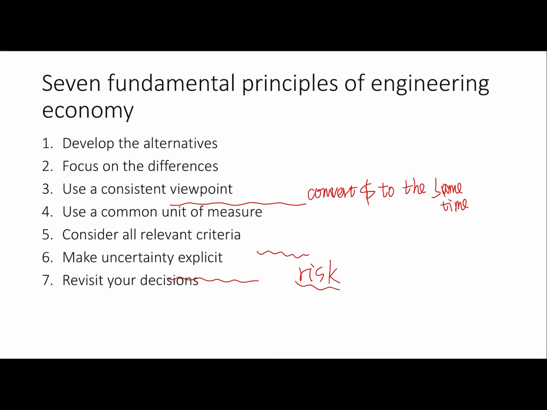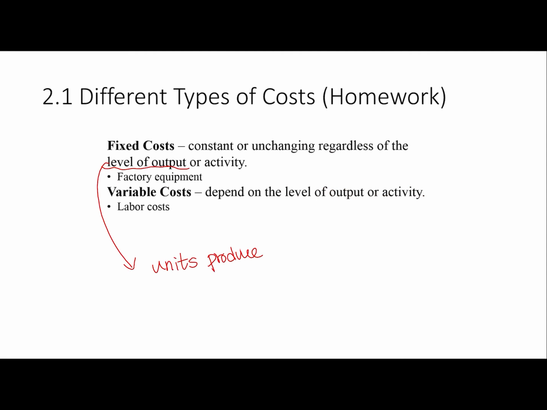Okay. And there are 7 fundamental principles of engineering economics. You want to know and understand what those principles are and what they are talking about. And different types of costs. Yeah, you want to know there are multiple types of costs. It just depends on how you see the cost.